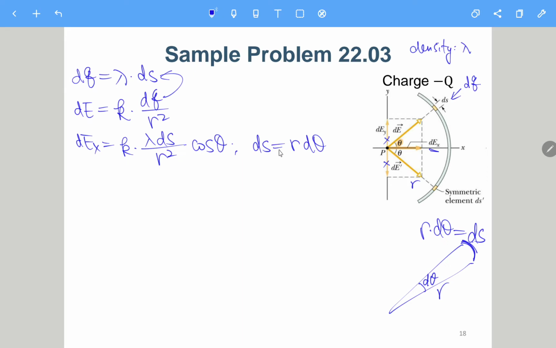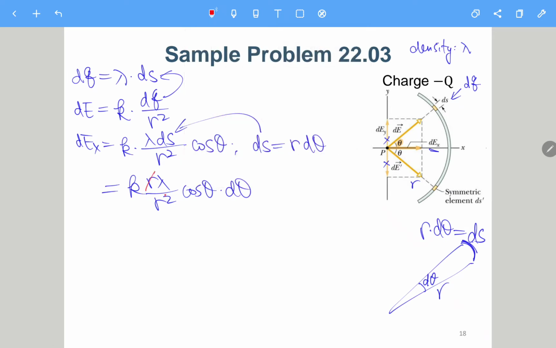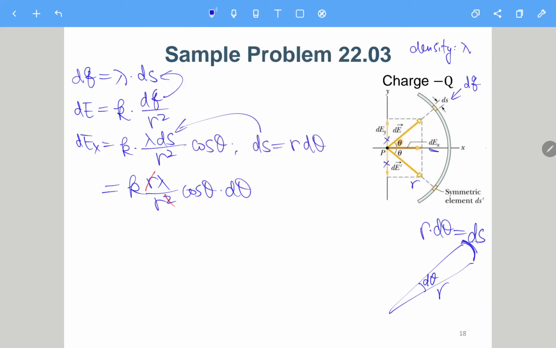Okay, so we can just plug this one into here. So we have k r lambda over r squared cosine of theta d theta, and we can cancel this r and this r squared, so it becomes k lambda over r cosine of theta d theta.